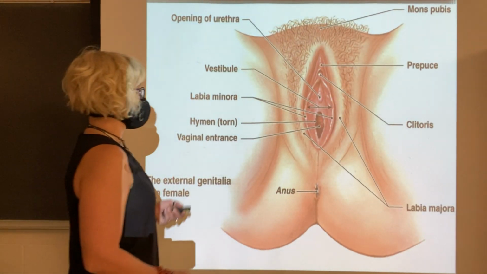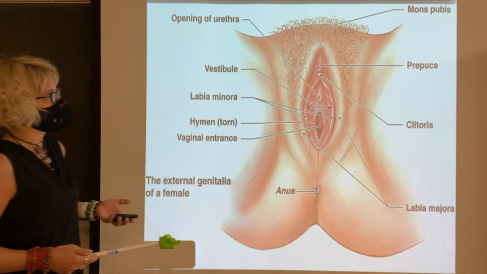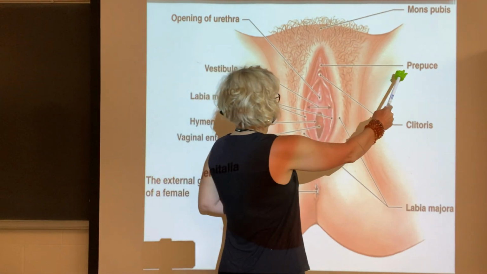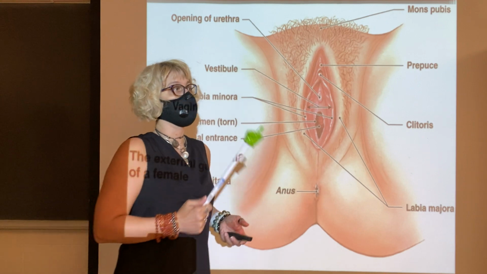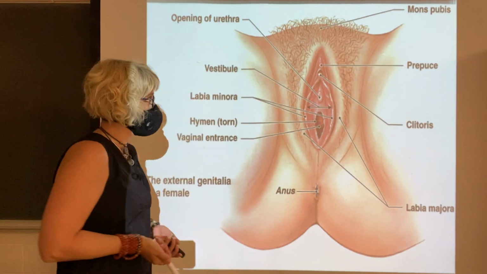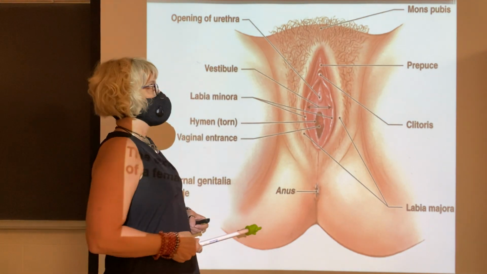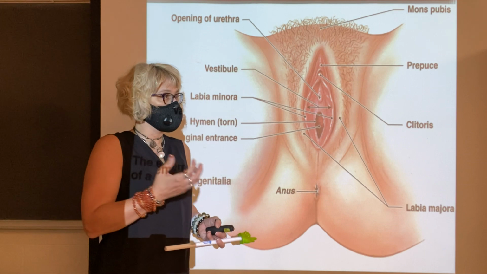So this is a view of the external portion of the vagina, so you can see exactly what's going on. These are the equivalents, as I said, the prepuce. You can think of it as the equivalent of the foreskin in the male. And the clitoris is the equivalent of the erectile tissue, yep, in the glans penis.